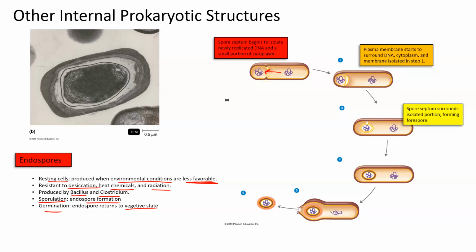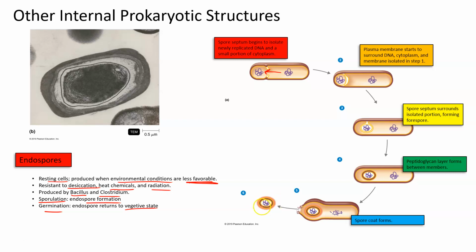Then you have the spore septum surrounded and totally isolated, forming the forespore. It then forms a cell membrane and becomes an actual endospore, but it's still contained within the bacterium. The spore coat forms.